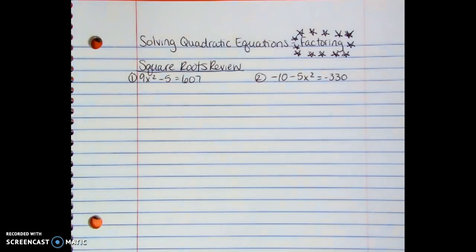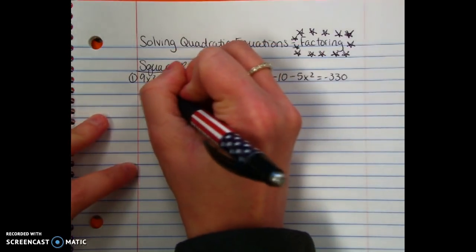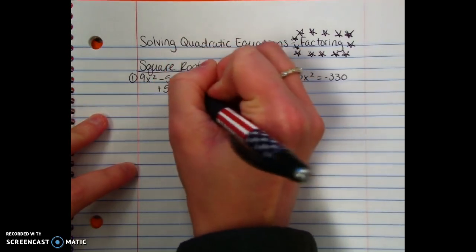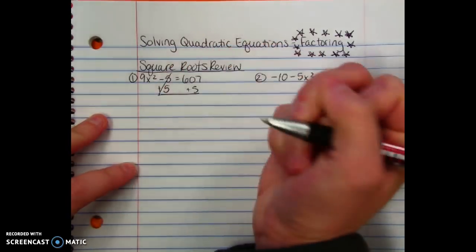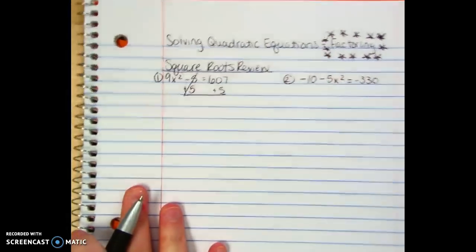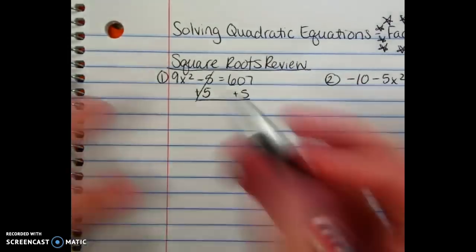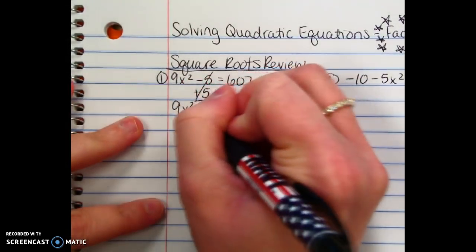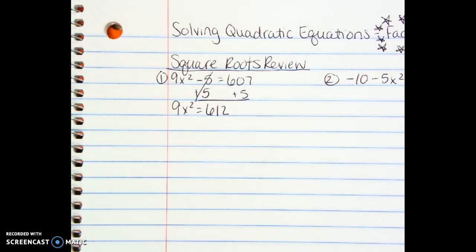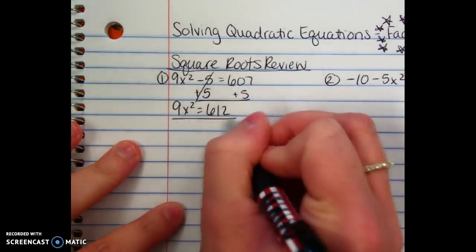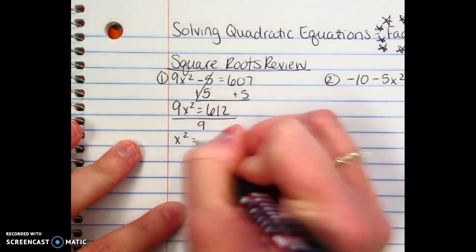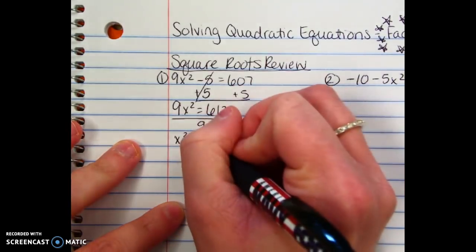Okay, let's go over it. On number 1, hopefully you added 5 first. When you add 5, you get 9x squared equals 612. And then divide both sides by 9. X squared equals 68.